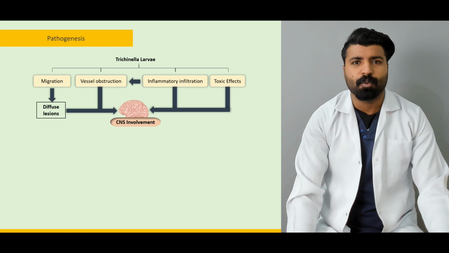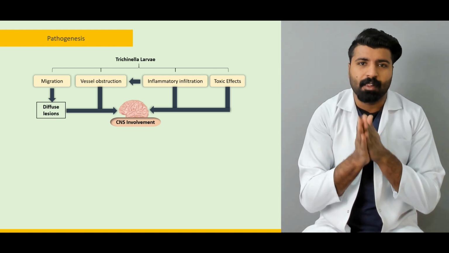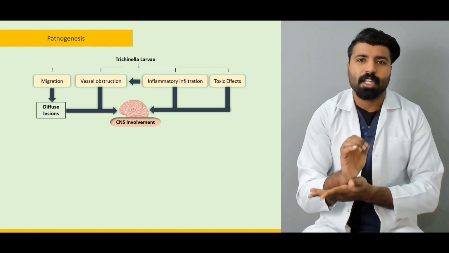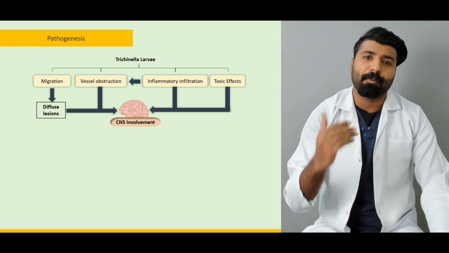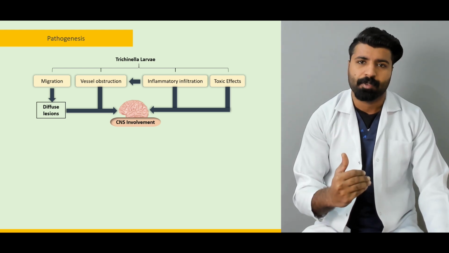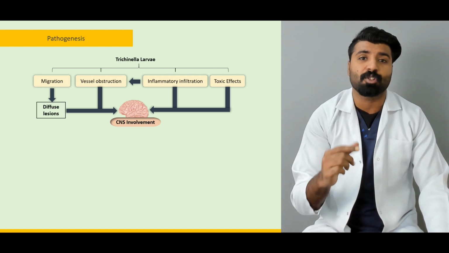And what will happen with these diffuse lesions? Wherever that lesion forms, those areas of the brain will not function anymore. And if they are functioning, they're either hyperfunctioning or hypofunctioning. So that's how the CNS is involved, because of the larva migration to the CNS.